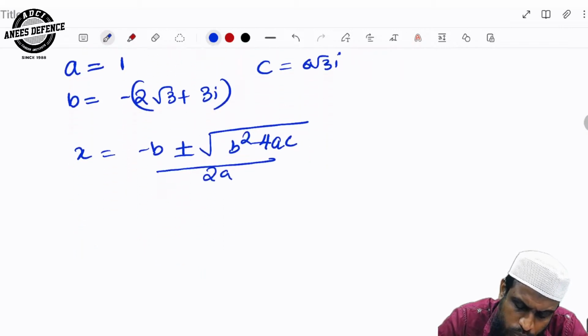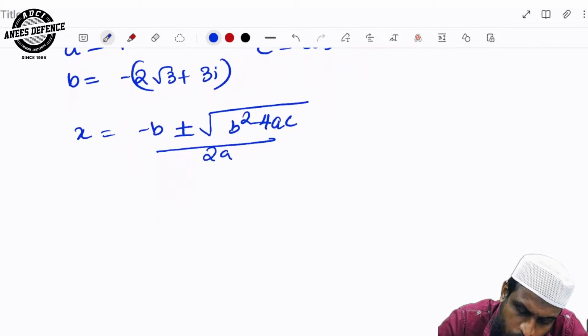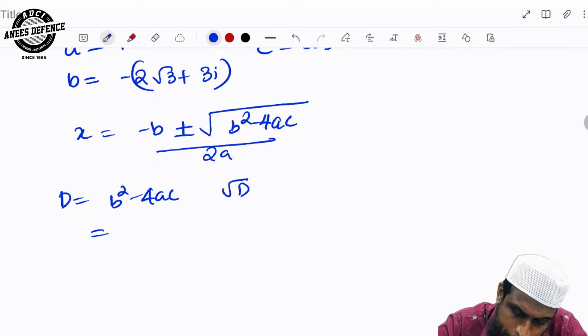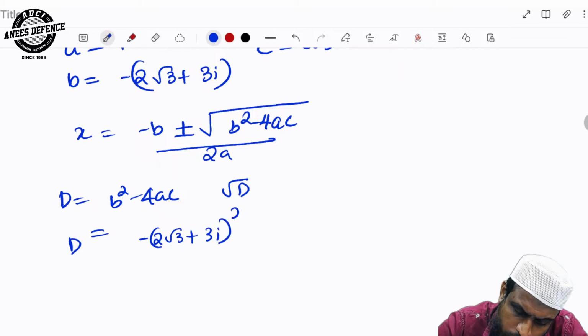So what we have to do? First of all, you have to calculate the discriminant, that is b square minus 4ac. Then you have to calculate root d. So b square is minus 2 root 3 plus 3i the whole square.